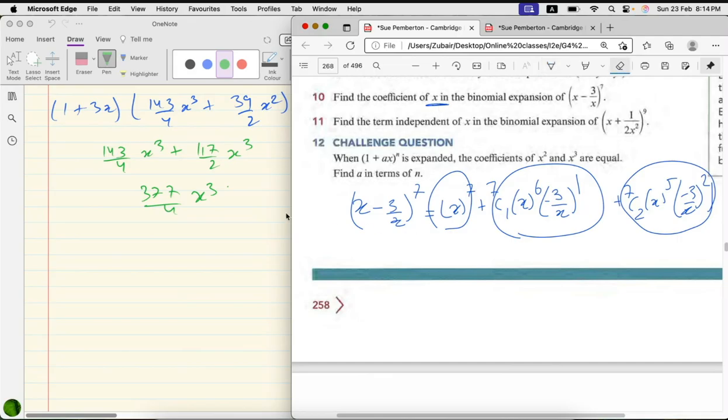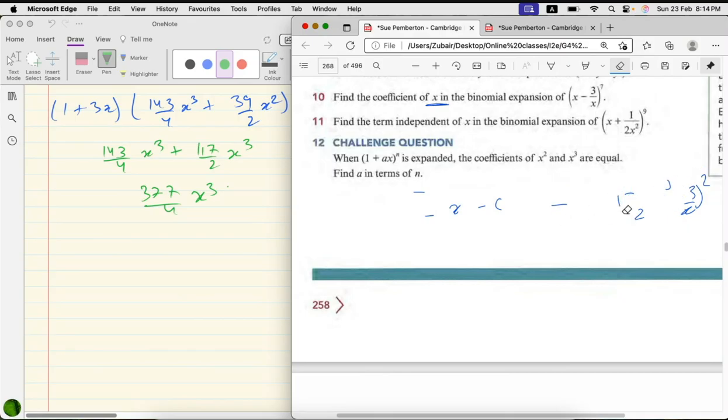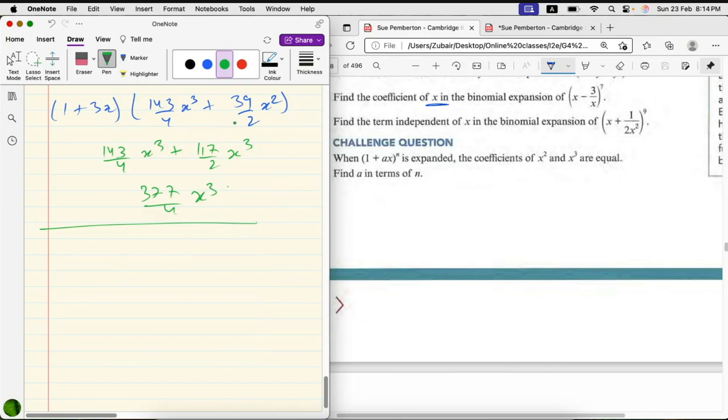But we don't need to write all the terms. There's a way we can do that directly. We don't have to do the mental math or think which term it should be. We're doing it through this systematic formula, x minus 3 by x raised to power 7.